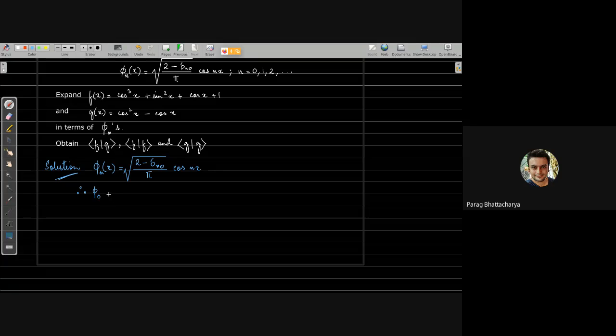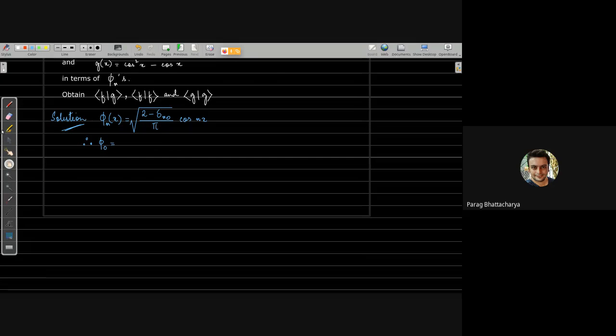So therefore, let's first write down phi naught of x. What will phi naught of x be? We have 0 here, so this becomes delta 0 0, and then there is a 0 here, so this becomes cos 0.